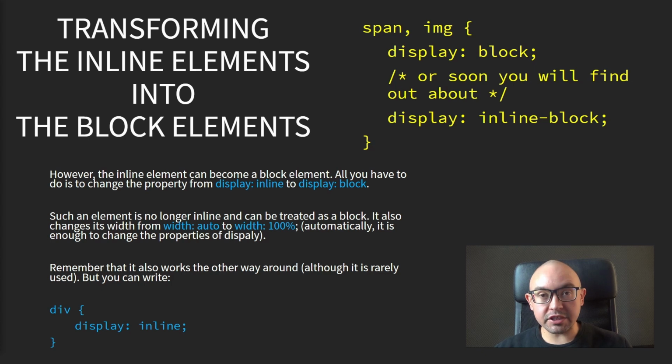We can also transform the block elements into the inline elements, but we usually don't want to do that. We simply rather want to freely style some inline elements as easily as the block elements. We usually don't want to change the block element into the inline one and lose the control of it, but technically it's possible with no problem.